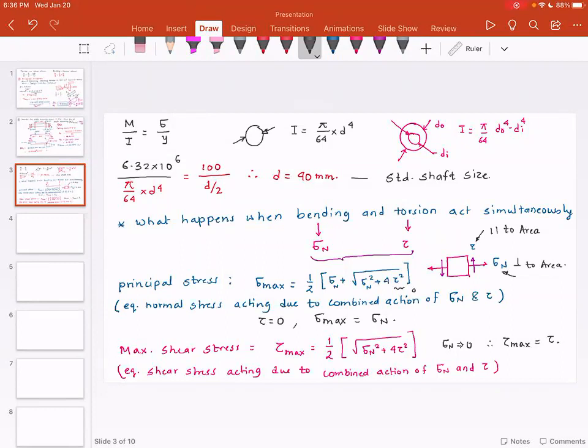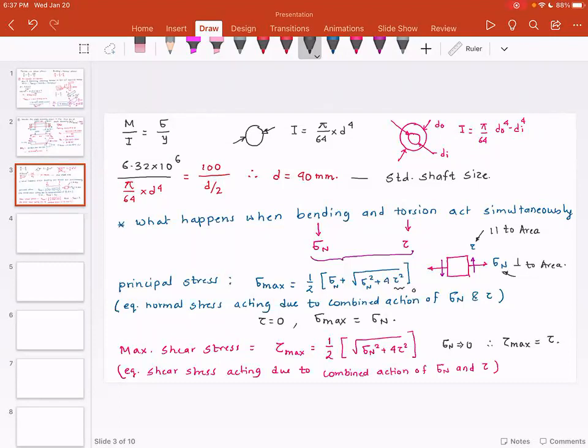Safe means the design should be able to withstand the maximum principal stress and maximum shear stress. So when we design, we want to make sure that the maximum principal stress and maximum shear stress conditions are met. Our shaft is strong so that it can withstand these two stresses.